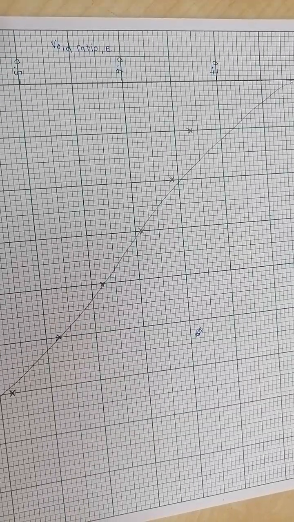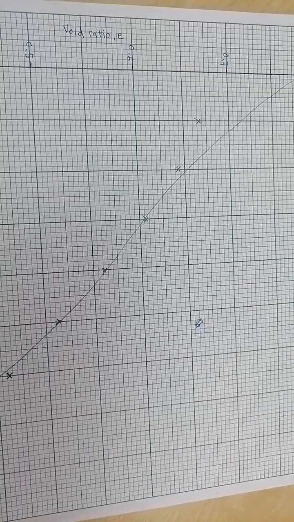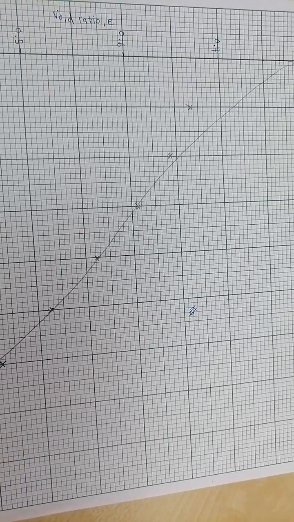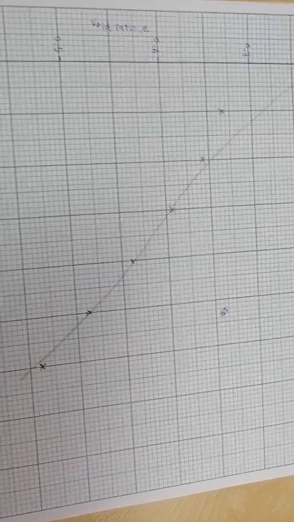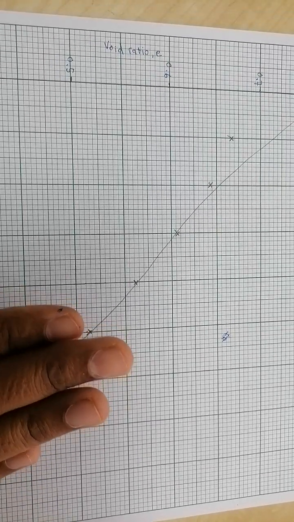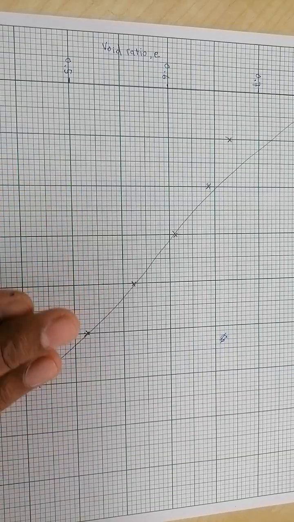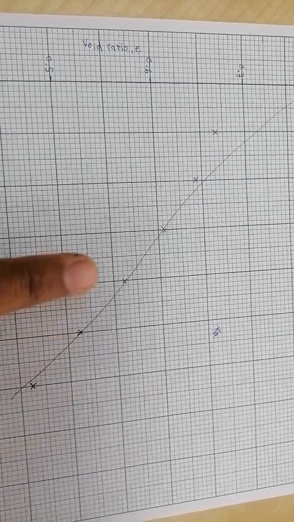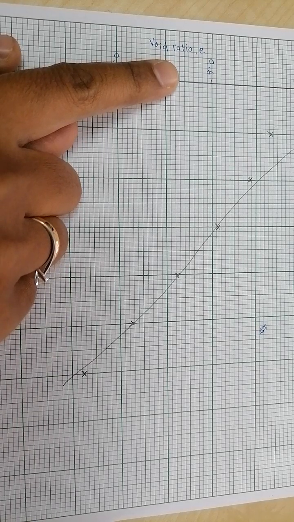After plotting this graph, what is the purpose of it? That is a good question. We don't just plot it and leave it like this. From this graph, this is extra information, extra knowledge for you.